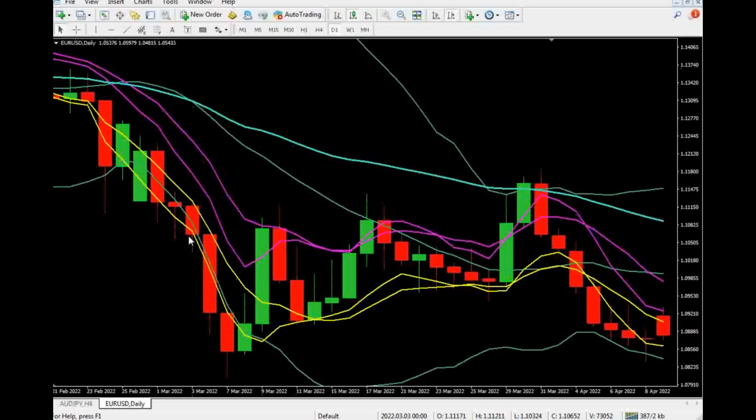And then this is a bear candle again. If we open a position in here, we cut loss in here.